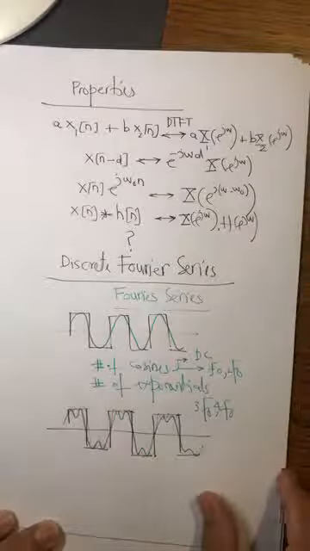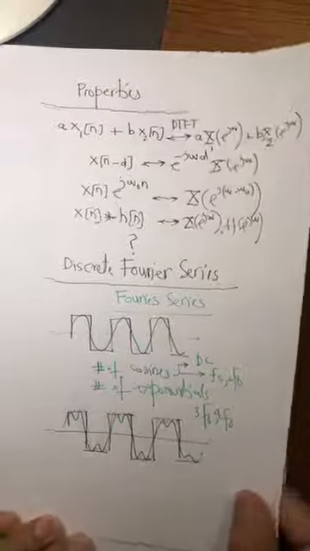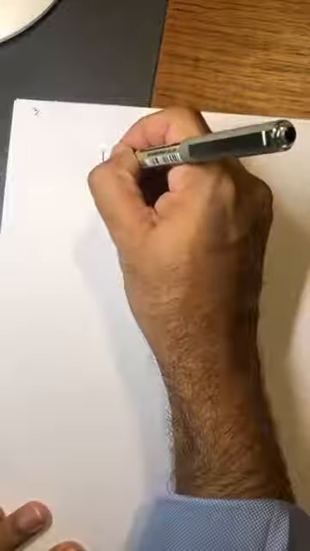Discrete Fourier series is even more interesting, and it says that if you have a discrete periodic signal, okay, so it talks about a discrete periodic signal. What is a discrete periodic signal? Obviously a signal which repeats itself after some capital N. So for example, this is a discrete periodic signal.